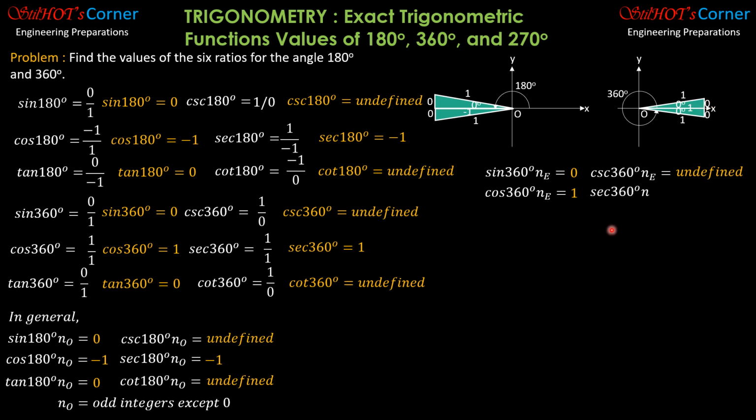Tangent of 360 degrees N sub E is 0. And cotangent, its reciprocal, is 1 over 0, so it is undefined. Cotangent 360 degrees N sub E is undefined. Then N sub E is an even integer, so this time 0 is included.